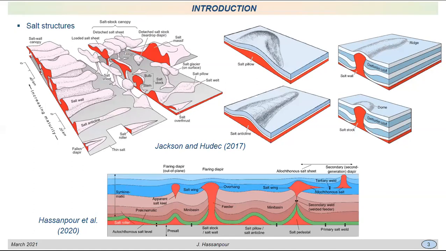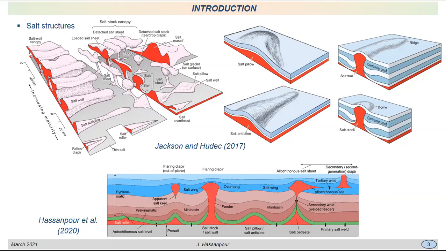The difference is that the salt stocks and salt walls have a discordant relationship with the overburden, while the salt anticlines and salt pillows show a concordant relationship with the overburden.